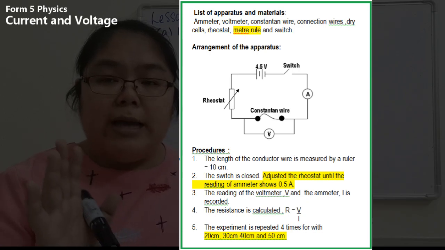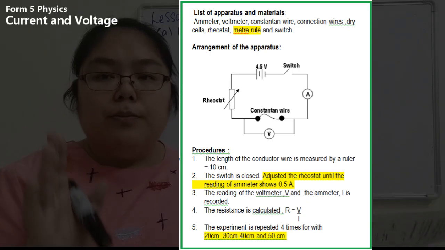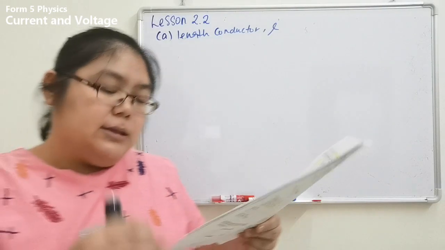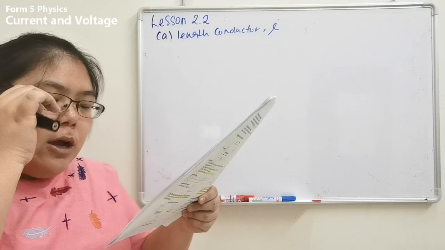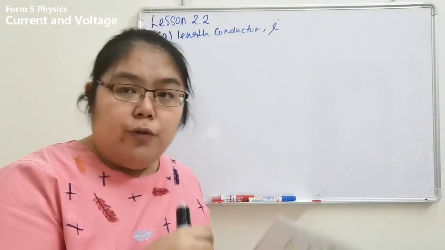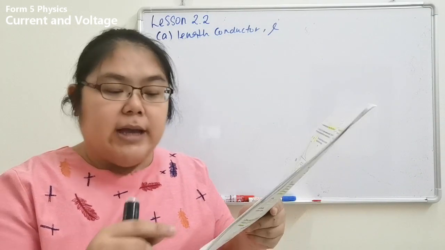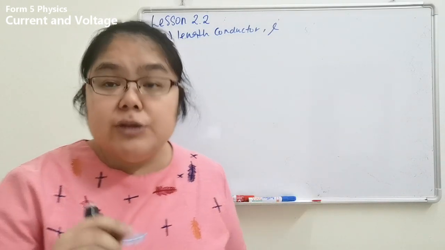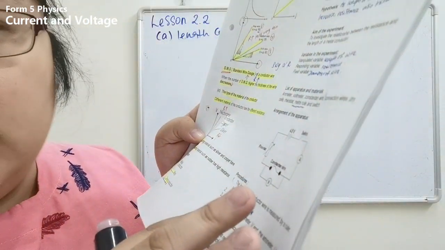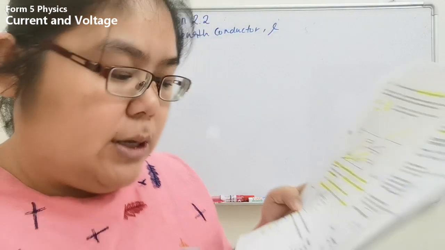Every time you adjust, the ammeter you need to make 0.5 ampere. Now the third one: the reading of the voltmeter, you can record it. So the ammeter you don't need to record. You just record the voltmeter.